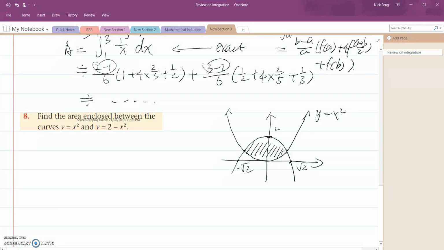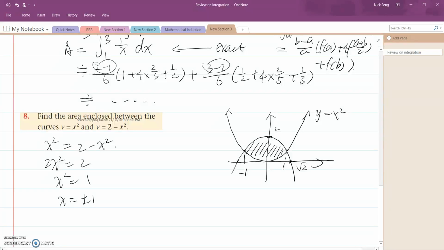So in this case, to find the points of intersection, we need to solve them simultaneously. In other words, let x squared equal 2 minus x squared. In other words, 2x squared equals 2, x squared equals 1, x equals positive or negative 1. Therefore, that here is negative 1, and that's 1.